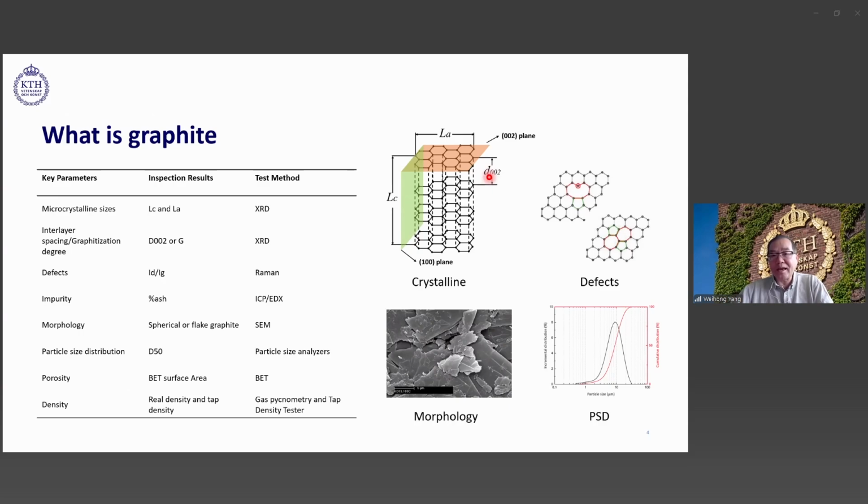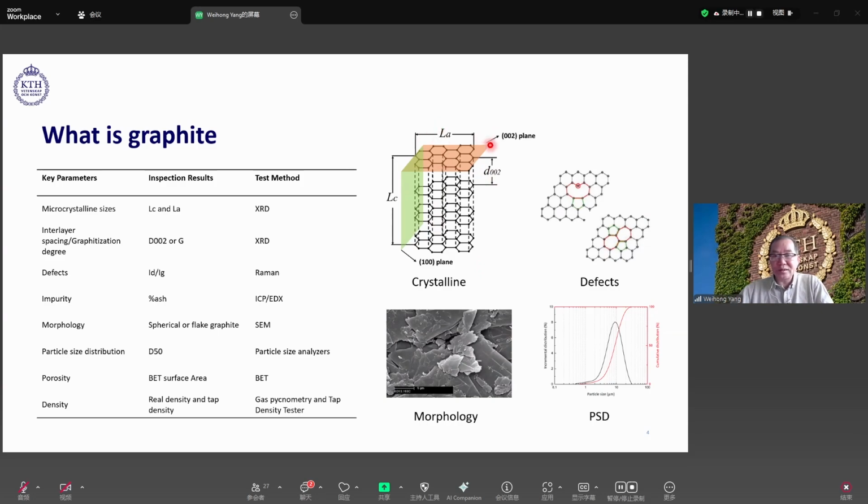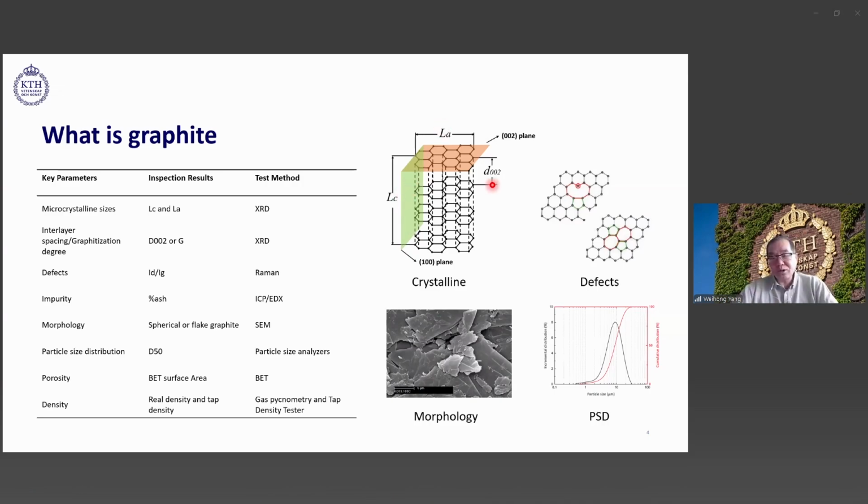If I have more than 10 layers, that's graphite. Another parameter is La, the lateral size, how large the graphite crystal is, and also Lc, the stacking height of the layers. So Lc, La, and d are the 3 parameters that decide the quality and what we need for different applications.